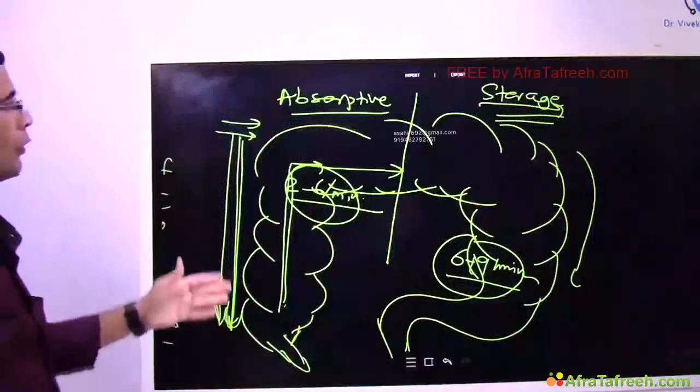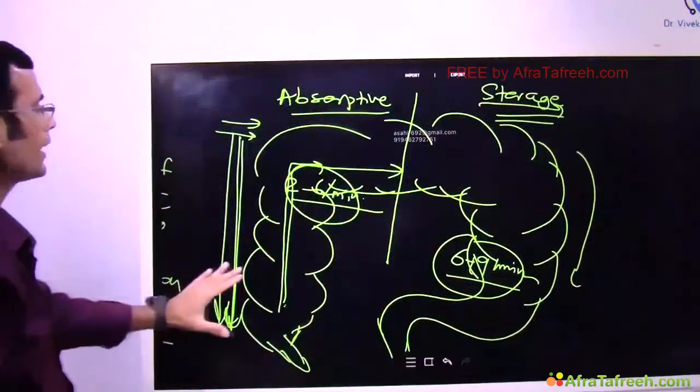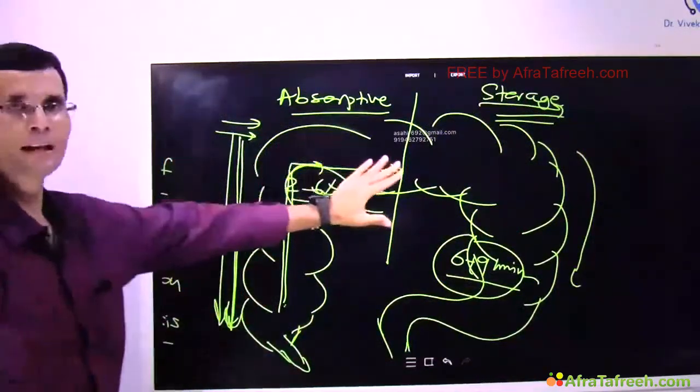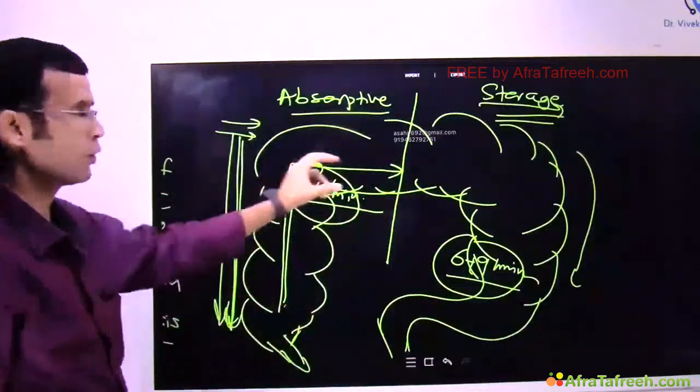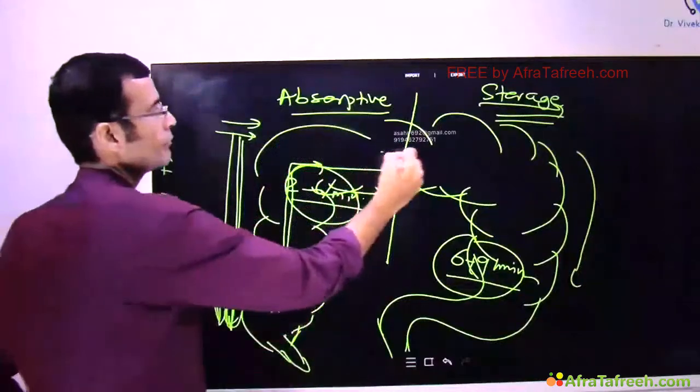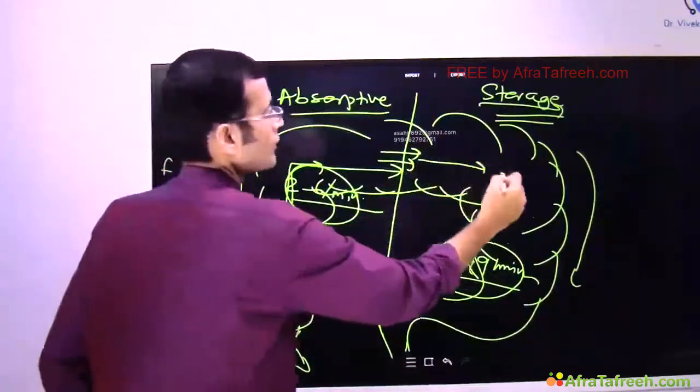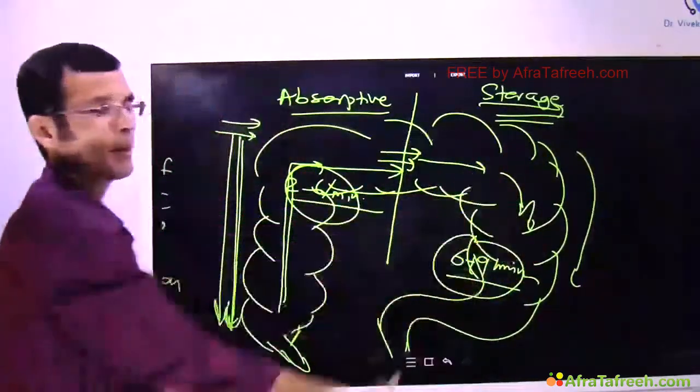So this is the last time that absorption of water and minerals will occur from the colon, and then the feces will be formed and stored in the remaining part of the colon.